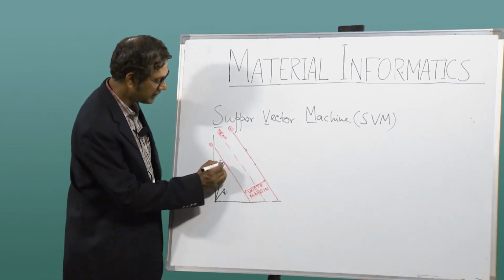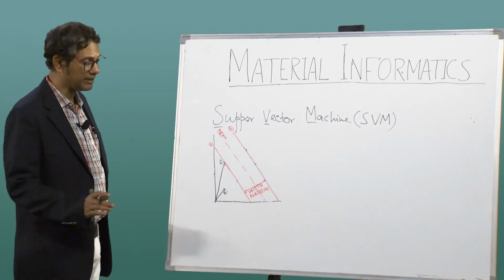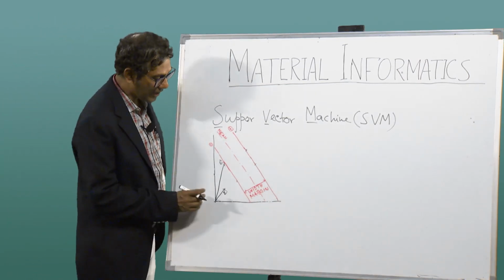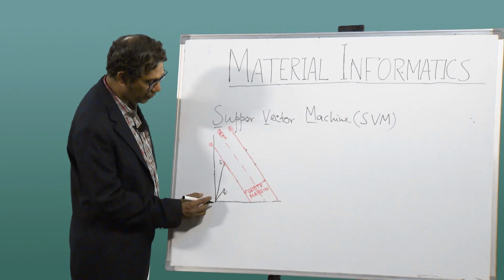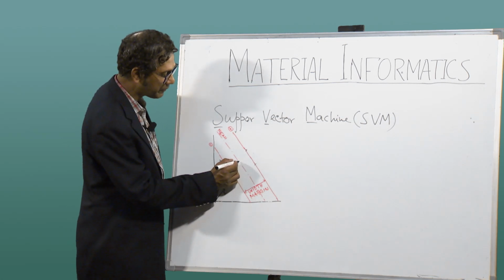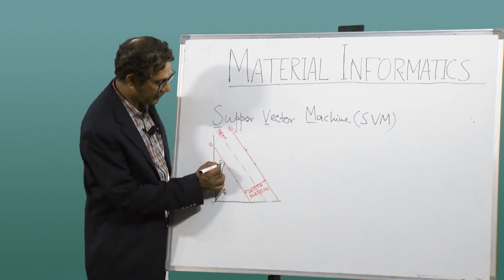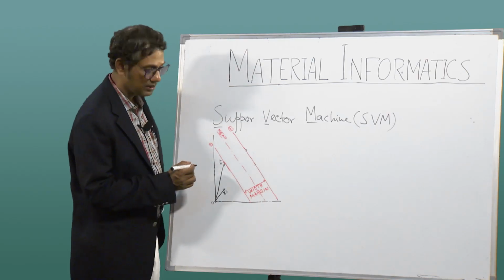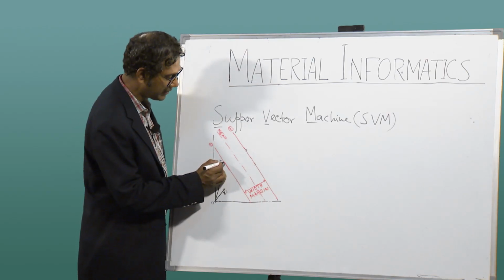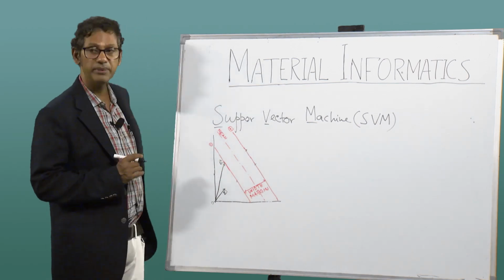So, now I can explain things very nicely, please listen carefully. I have drawn two vectors, both from the origin. One is w, which is perpendicular to the center line. The other is u, which is unknown, joining this negative data point and the origin. These two are vectors.